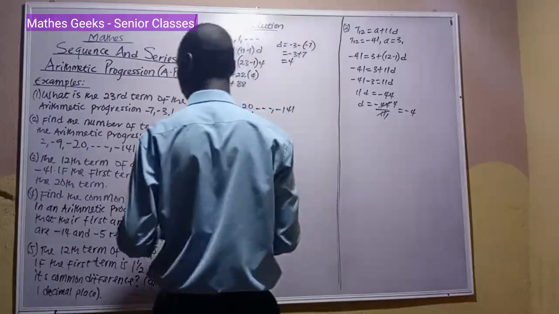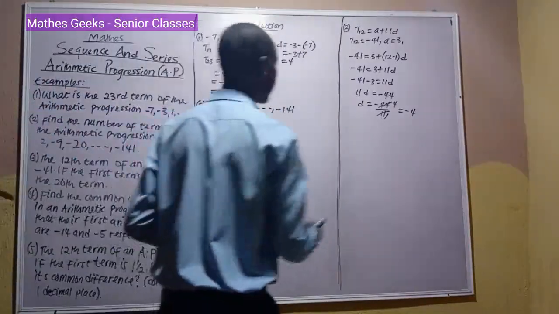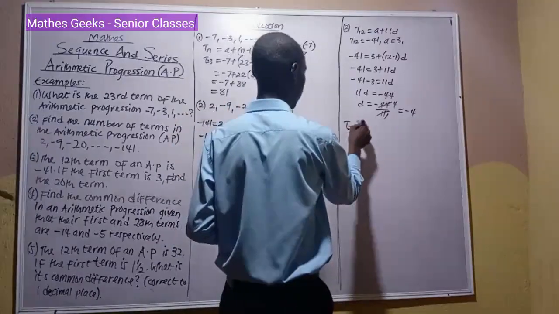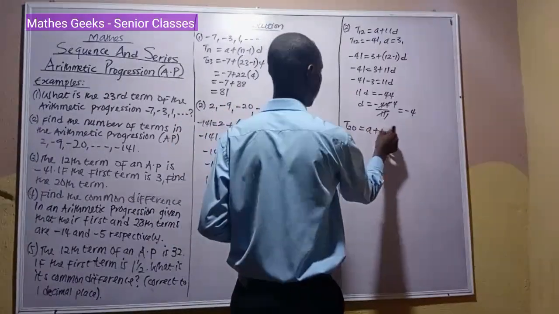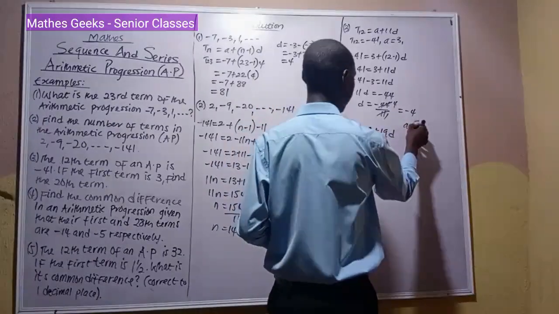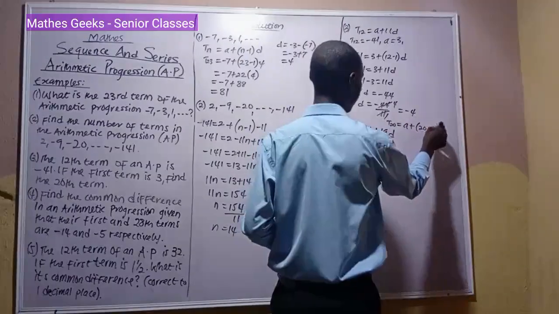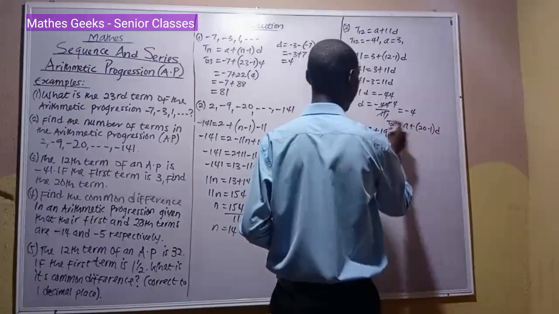So now we can look for the 20th term. T20 is equal to A plus 20 minus 1 times D, and 20 minus 1 is equal to 19.